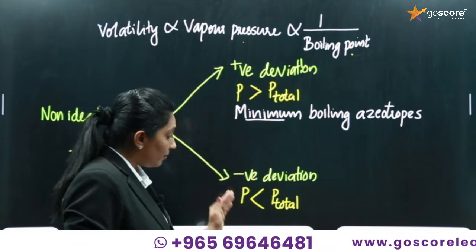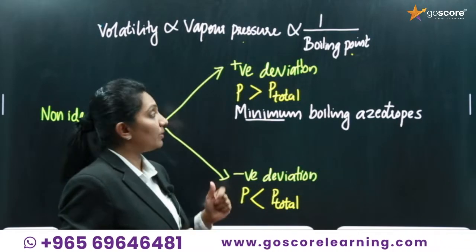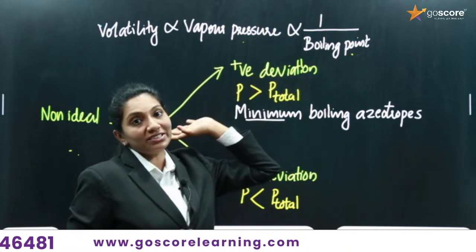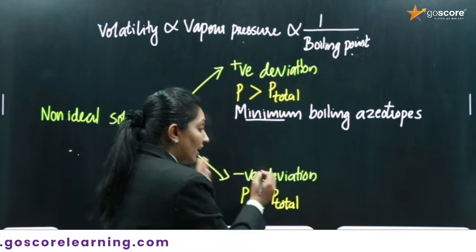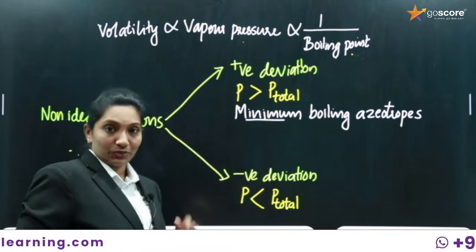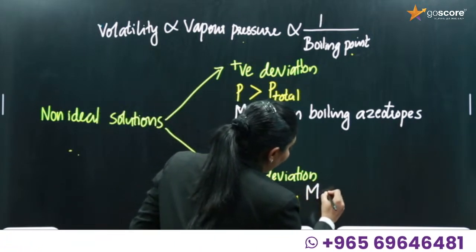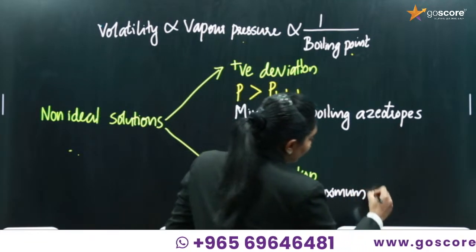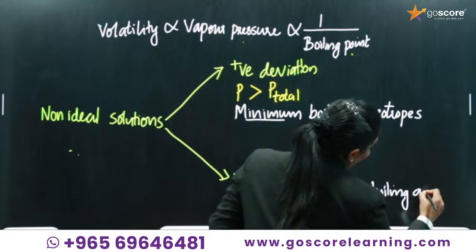The vapor pressure of the solution is lesser than that of the total vapor pressure. So in that case, the pressure decreases, the boiling point increases, right? So that type of solutions which show negative deviation from Raoult's law are called maximum boiling azeotropes.